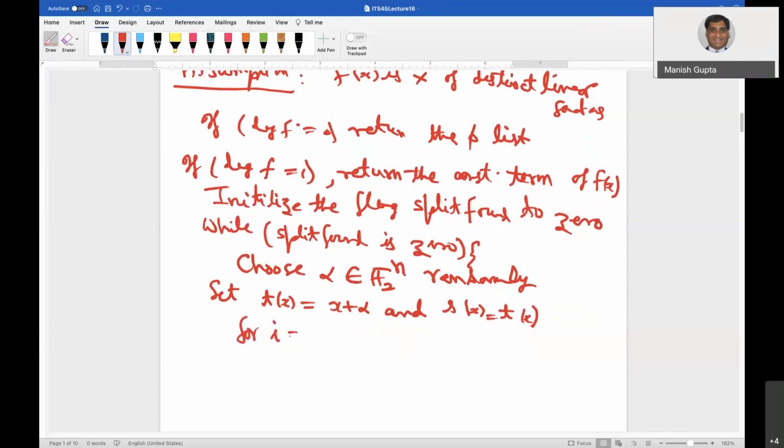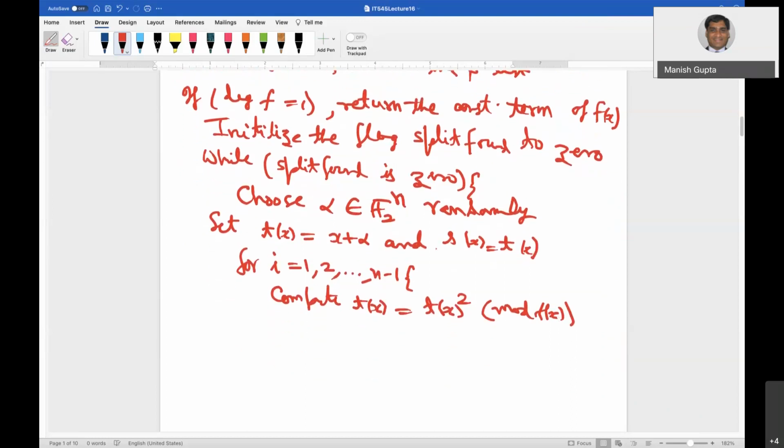For i equal to 1 to n minus 1, compute t(x) equal to t(x) square mod f(x) and s(x) equal to s(x) plus t(x). And this loop will end here.